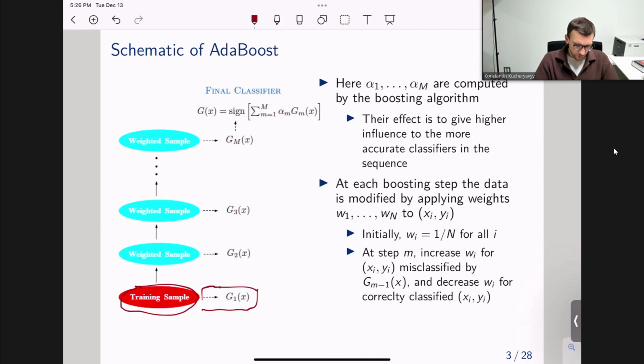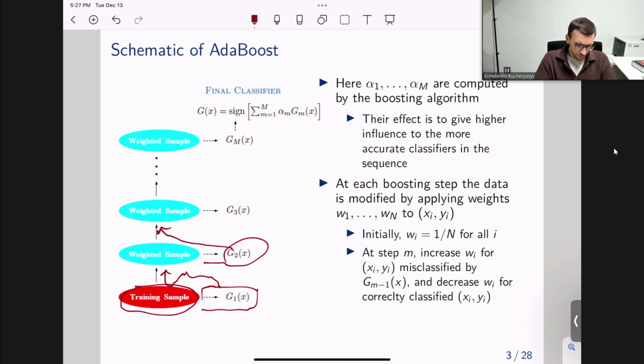Then we use this classifier to modify the sample, get a new sample that would be a weighted original sample, where original observations are given certain weights. Then on that weighted sample, we construct a new classifier, modify the sample, give new weights, and so on.